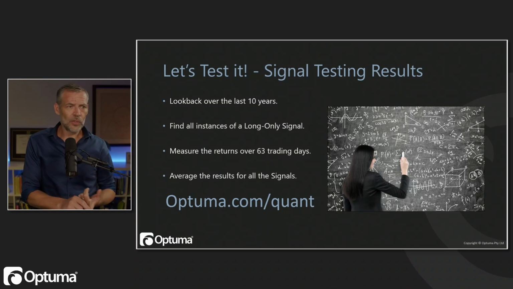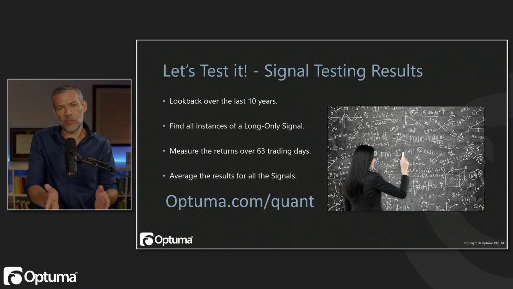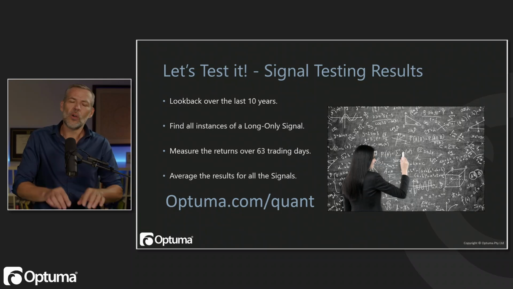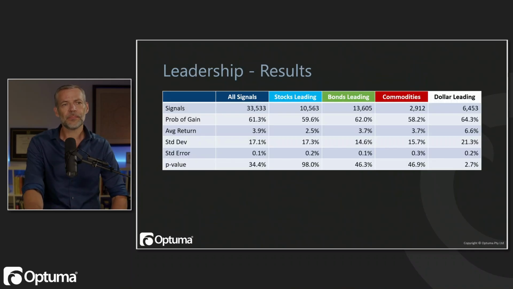But we find all instances. We just measure the returns over 63 days, which is 1/4 of trading day activity. And then we average those results. There's no exit rule. I don't care about an exit rule. All I want to know is, what does the market do after my signal, for the next quarter after my signal? That's the key of what we're looking at here.